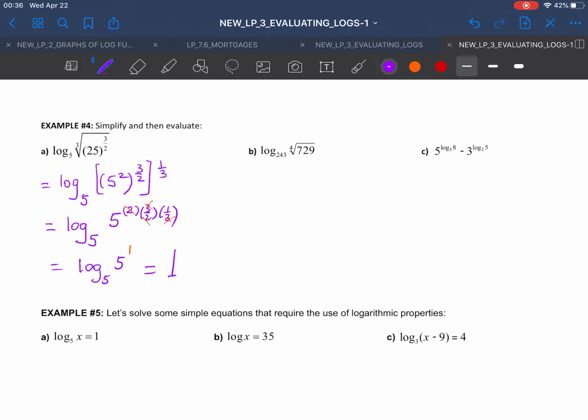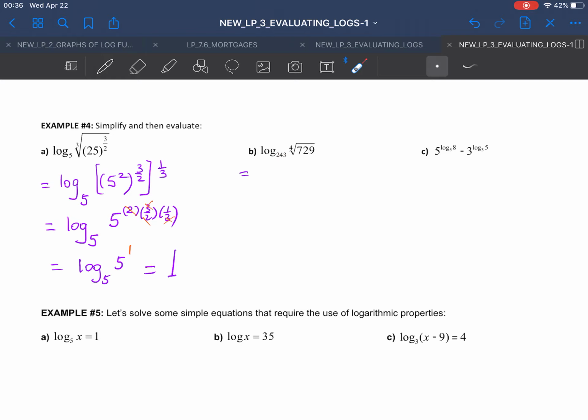Next question. Log base 243 of the 4th root of 729. So in this case, we need to use a change of base formula. Why? Because the bases are not the same like in the previous example where you had one base, you had to make the other the same.